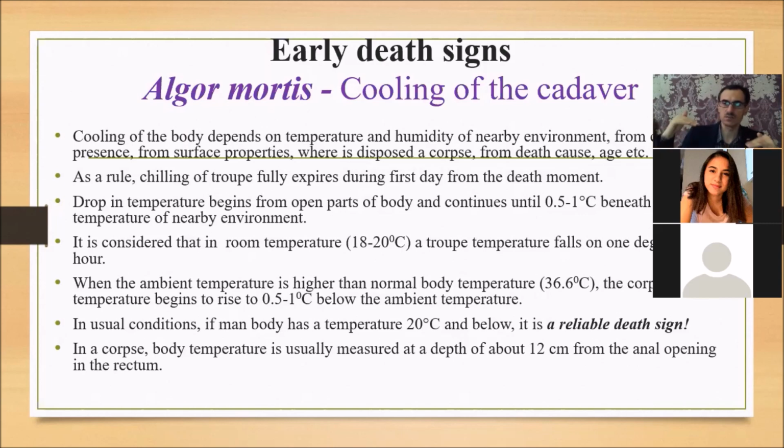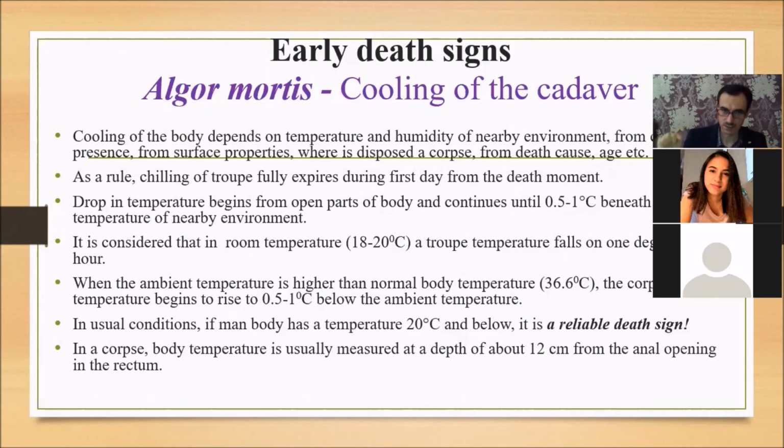If the temperature of the weather is higher than our temperature, the temperature of the corpse will begin to rise. As we said, if the body has a temperature of 20 degrees Celsius or below, this is a reliable death sign.